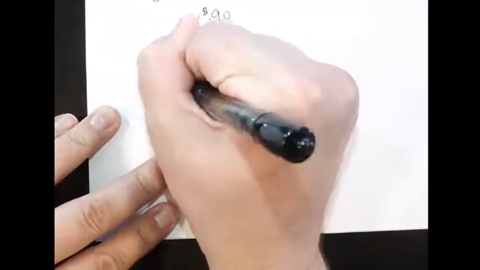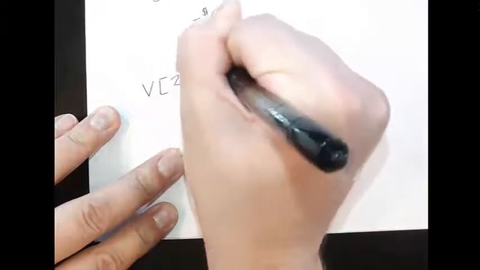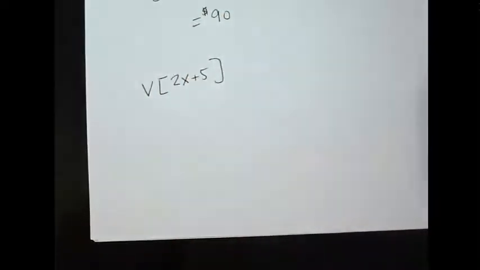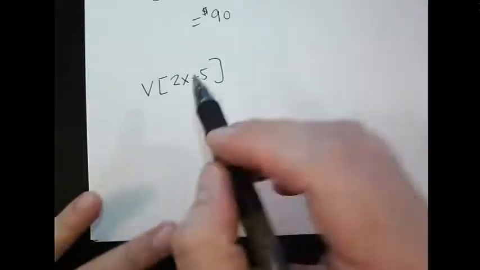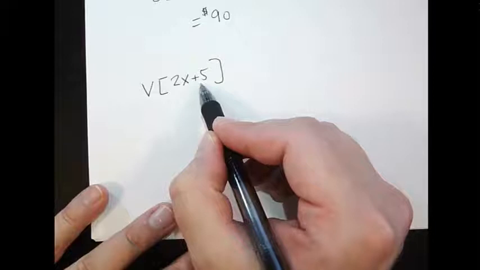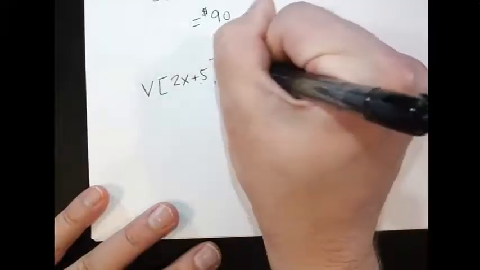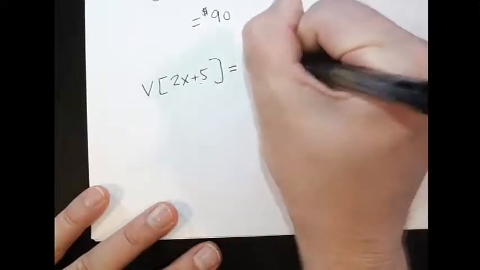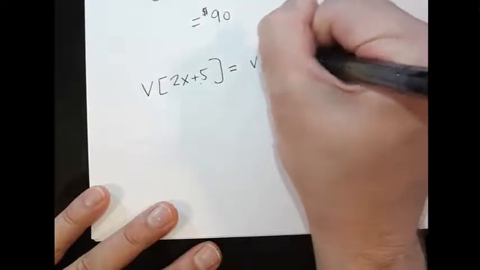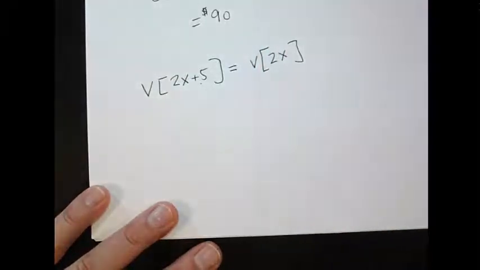This is even more clearly shown if I was to give you a slightly more complicated problem. The variance of 2x plus 5. Whenever you have values being added, you have to drop them with variance. The variance of a constant is 0, which means this becomes the variance of just 2x.